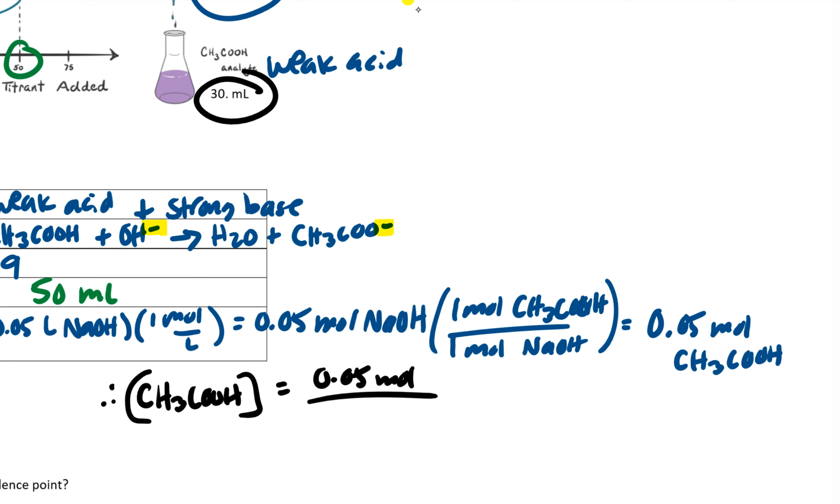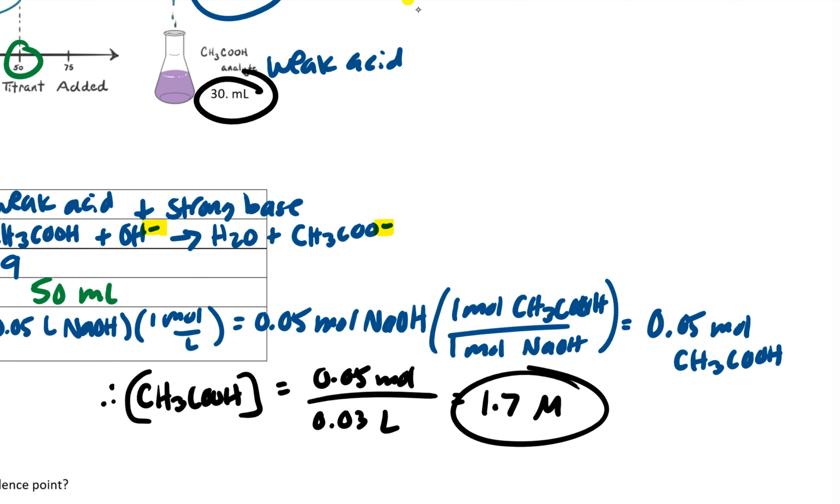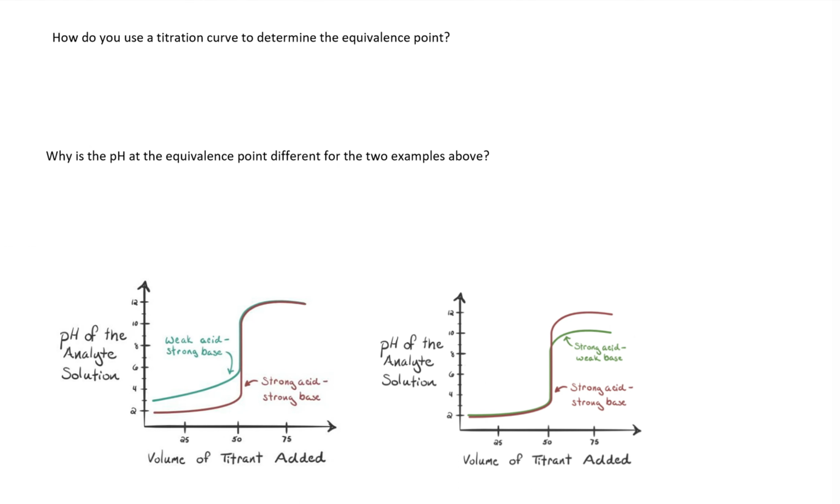It was 30 milliliters, so that's 0.03 liters. This has a molarity of 1.7 molar. Okay. So number of moles over number of liters of the original acid, you've now determined the concentration of the weak acid. So some reflection questions here.